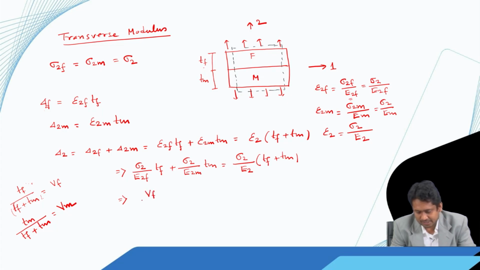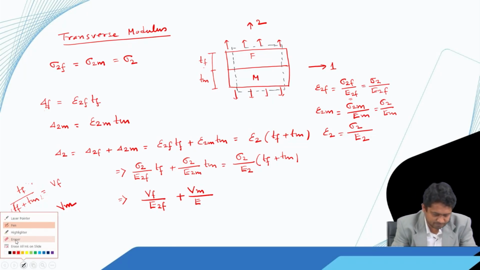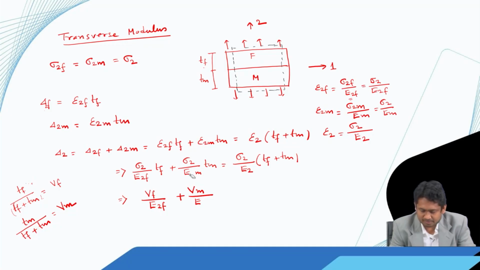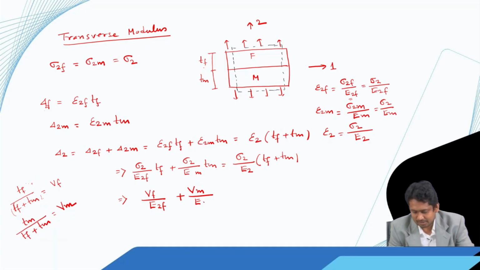So, with that we get V f by E 2 f plus V m by E m, and also because matrix is homogeneous, we really do not need a suffix 2 here. So, V f by E 2 f plus V m by E m is equal to 1 by E 2.